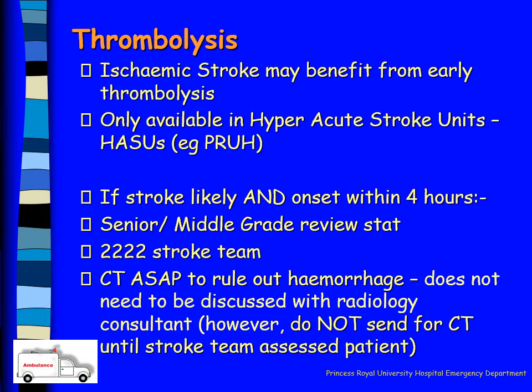They will attend the patient as an emergency, and a CT scan will be arranged urgently to rule out hemorrhage. Once you've ruled out hemorrhage, that means that they can consider doing a thrombolysis. We do not need to discuss that with a radiology consultant. However, for other CT scans, that is required.